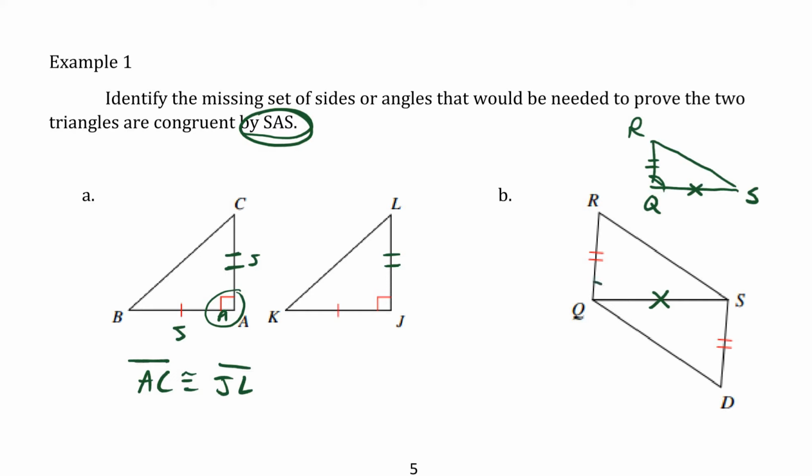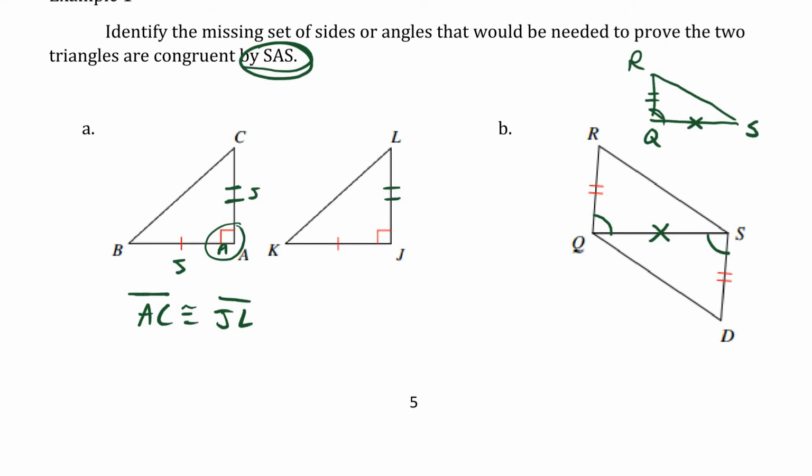So that would be this angle here. Think about where that angle would be in the other triangle for a second. Good, so it would be right over here where the S is. Now, in labeling those triangles, remember, use 3 letters. So I'd say angle RQS is congruent to angle DSQ.